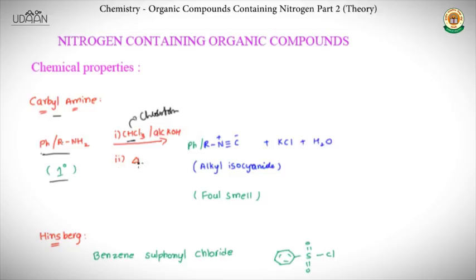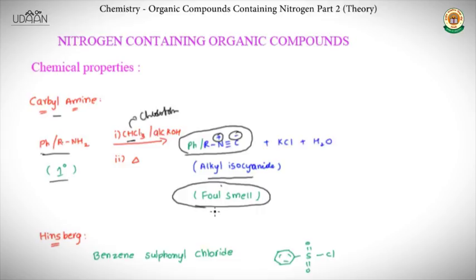Now if you heat it, it will give you alkyl isocyanide. Now the structure is Ph or R, NC. Now if you observe, you have positive charge on nitrogen and negative charge on this carbon. Also an important thing is that this alkyl isocyanide gives a foul smell.